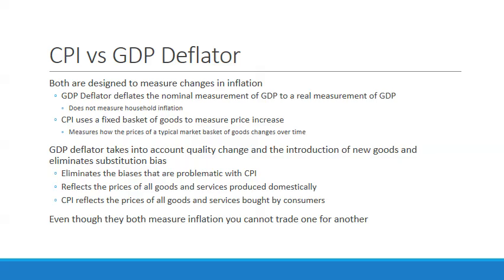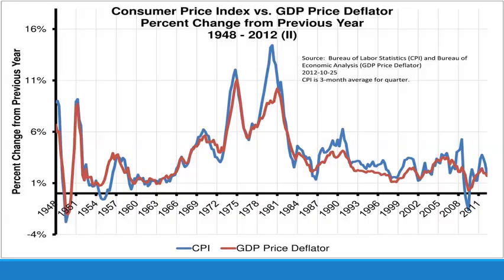So they're different measurements. When you put them side by side and look at the percentage change, you'll notice that for the most part, they move in the same direction and they're fairly consistent. But you'll also notice that sometimes there are differences between the two.